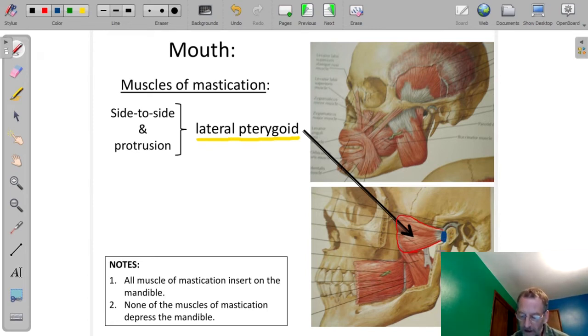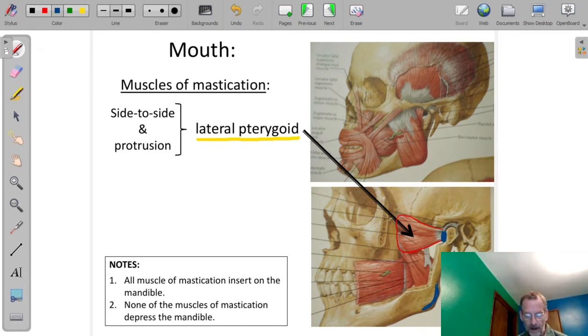And the medial pterygoid, we just had drawn on the other slide, inserts on the medial surface. And then we talked about the temporalis and the masseter.